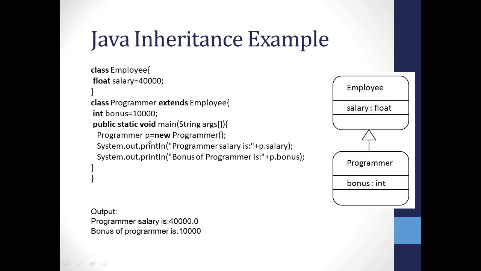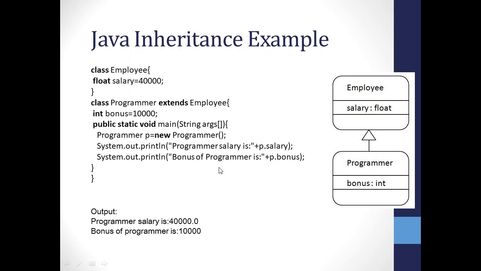We have created the object of the programmer class, p is equal to new Programmer. System.out.println of programmer salary is this much, and programmer bonus is p.bonus, p.salary. By the dot operator, object dot variable name, we can call the variables.